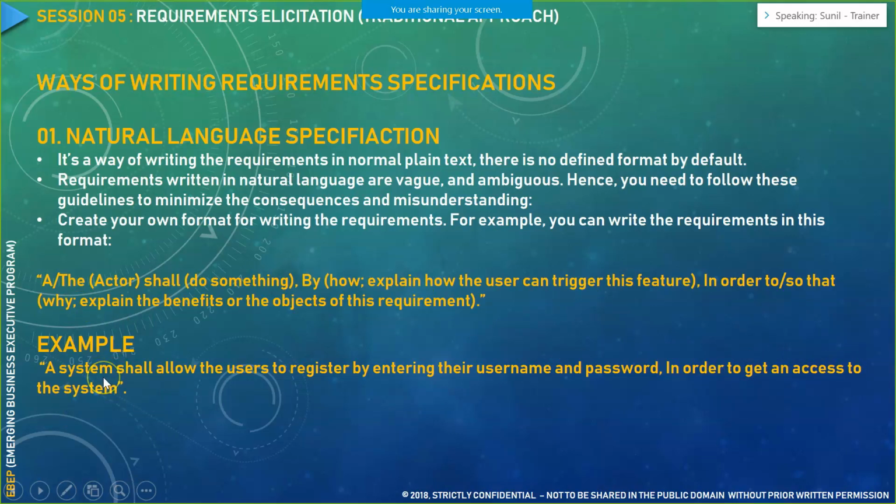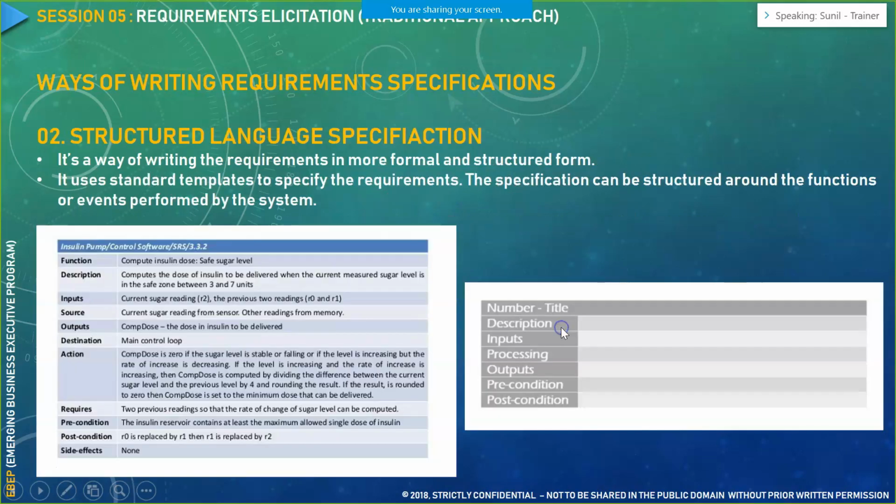So we have the actor, system, we have the action, register, we have the information, that is entering their username and password, and we have the final objective, like why, in order to get access to the system. So this is how you write a requirement in natural language specification. Next, if we see the structured language specification, this is how it looks.